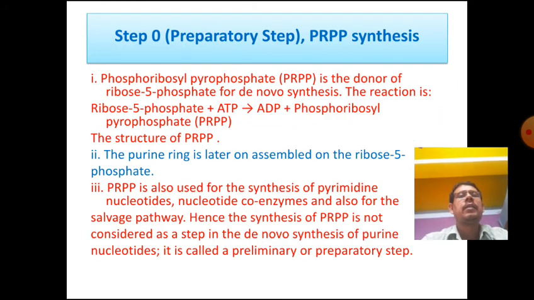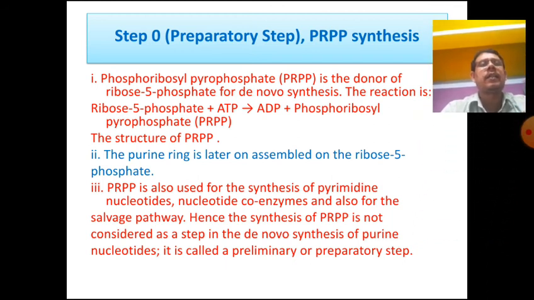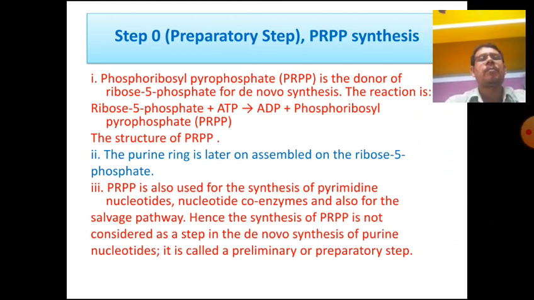These are the inhibitors. PRPP, phosphoribosyl pyrophosphate, is a donor of ribosyl pyrophosphate, and the first or pre-step reaction of de novo synthesis is ribose 5-phosphate plus ATP giving AMP plus 5-phosphoribosyl pyrophosphate, or PRPP. In the structure of PRPP, the purine ring is later assembled on the ribose 5-phosphate, and PRPP is also used for the synthesis of the pyrimidine nucleus.